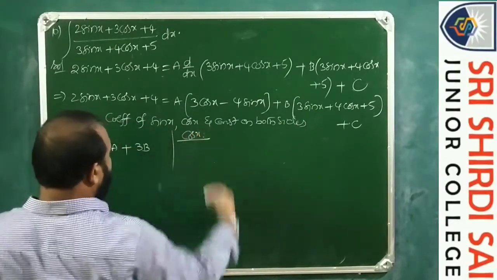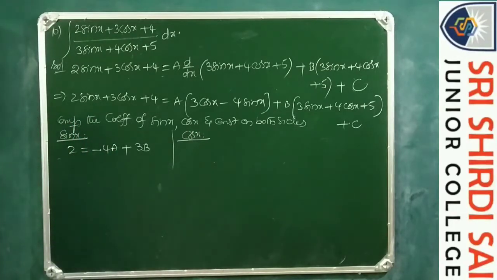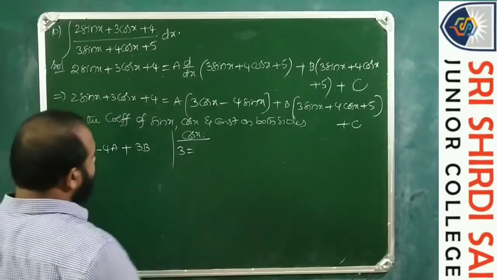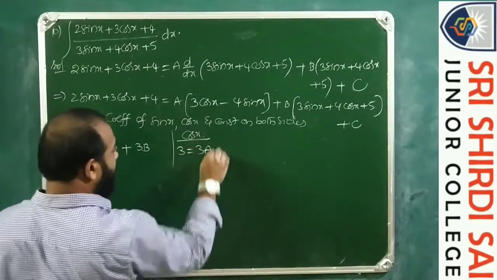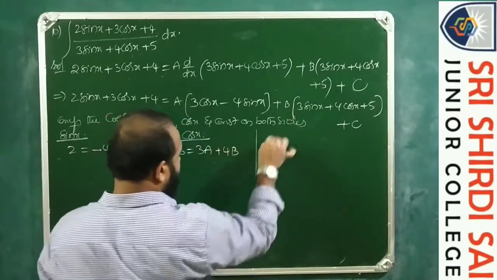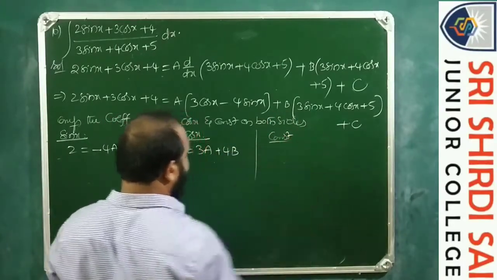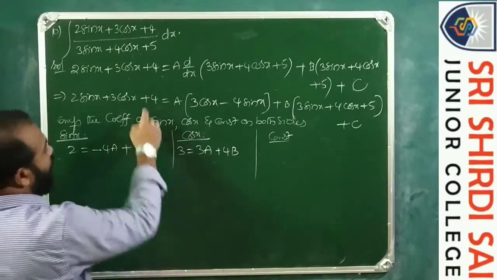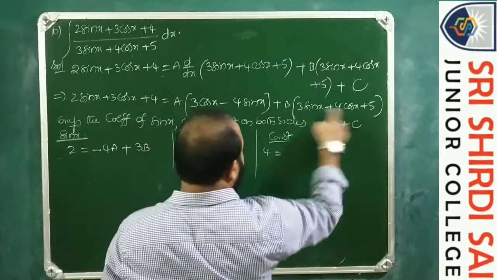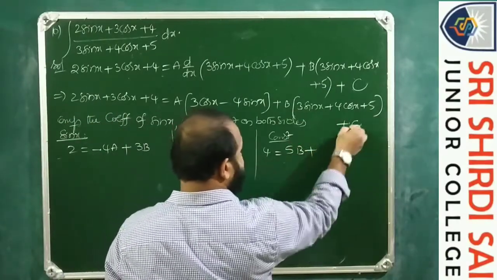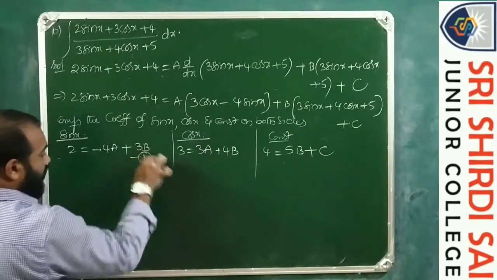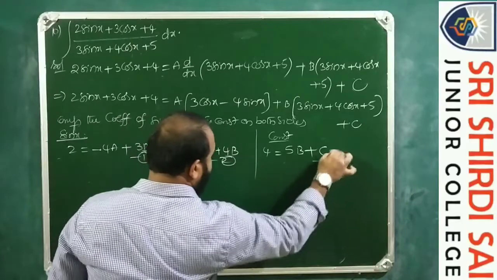Let us equate the coefficient of cos x on both sides. So 3 is equal to 3A plus 4B. And the constants, let us equate. So the constant 4 is equal to 5B plus C. Now, this is 1, this is 2 and this is 3.